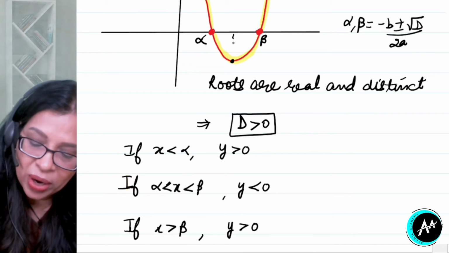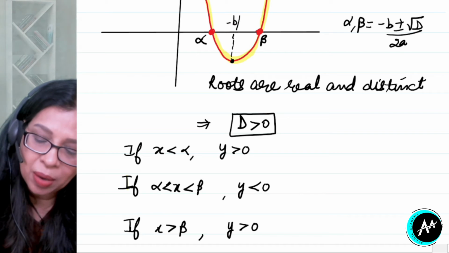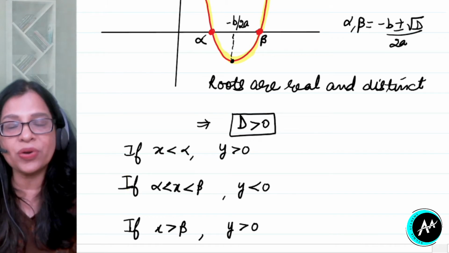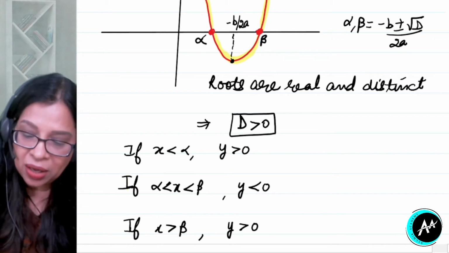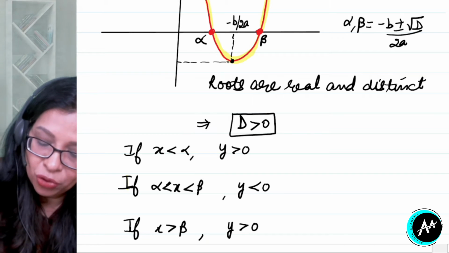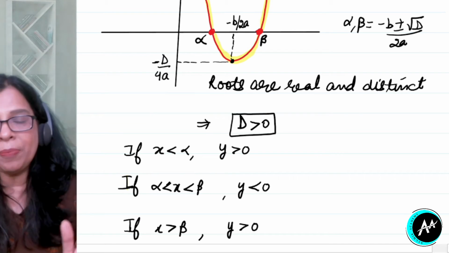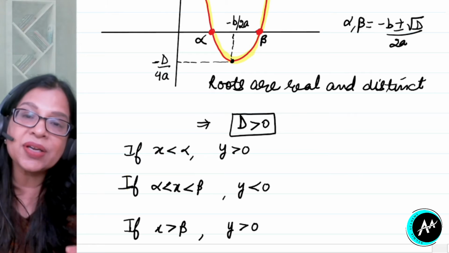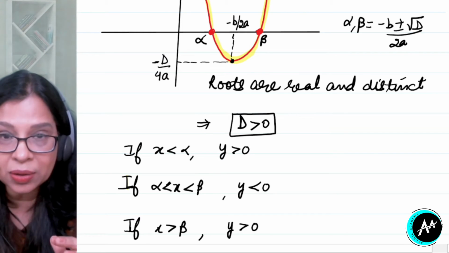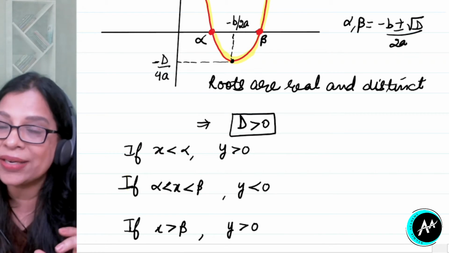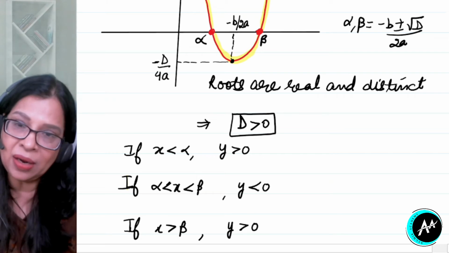Remember what was the x coordinate? Point of minima, minus b upon 2a. Right? So it will be somewhere here, and corresponding minimum value of y would be this, minus d upon 4a, right? So when parabola is intersecting x-axis in two distinct points, the roots will be distinct and real, so d will be greater than 0.